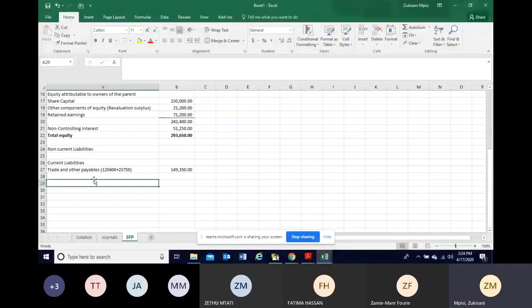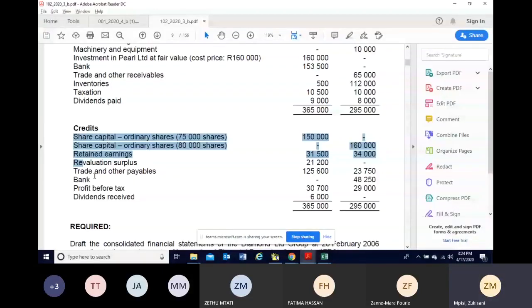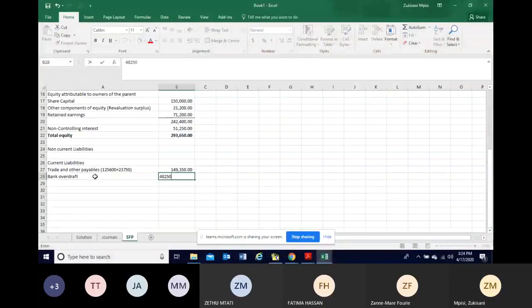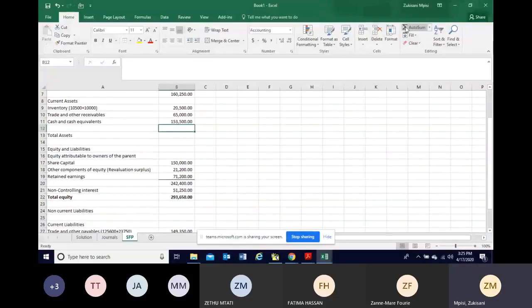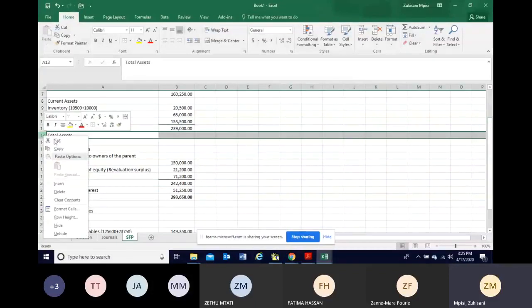Then we've got the overdraft, which is 48,250. And then we've got total here. And then we've got total assets.